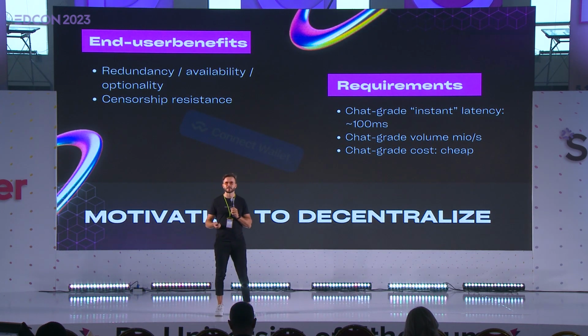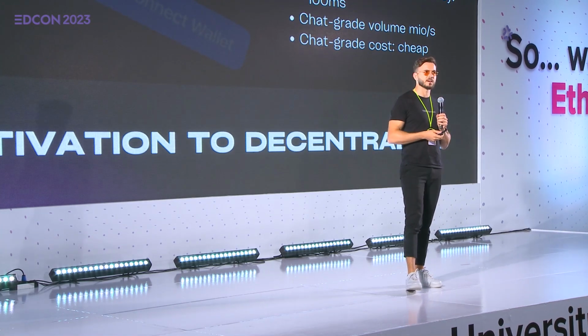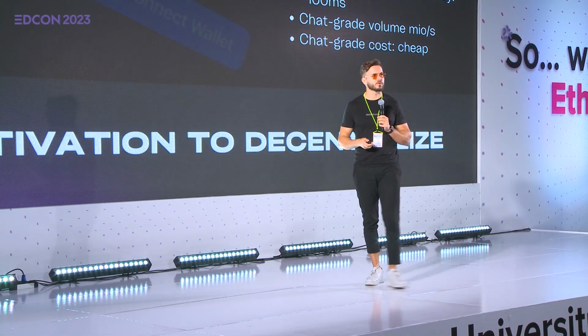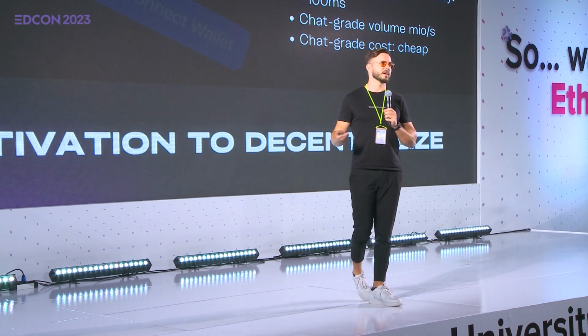I need to update my DNS, and then I need to move my data, and in reality it's not a really smooth solution. So we want to do better than that and provide end users the option of obvious things like redundancy and availability. If one WalletConnect node goes down, you can just use another one. Your data is distributed everywhere, and you get censorship resistance.